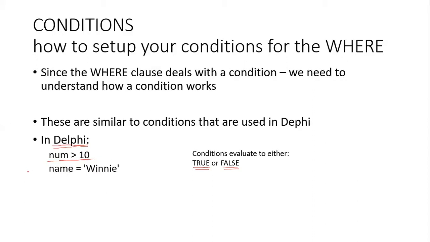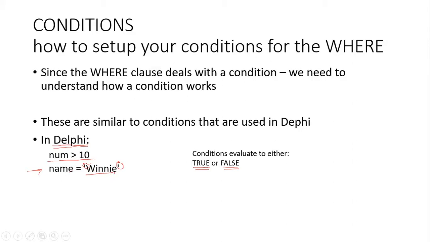Another typical condition that we would use if you had a string variable, if name equals 'Winnie'. And take note that in Delphi, when we used strings, we made use of single quotes. That's how we were able to reference our strings in Delphi.